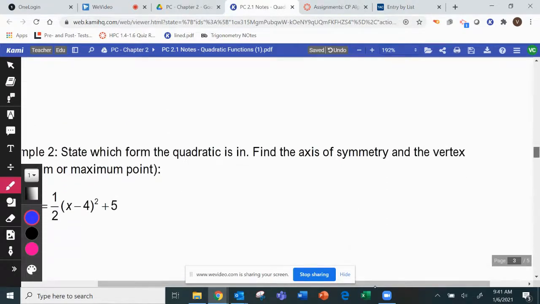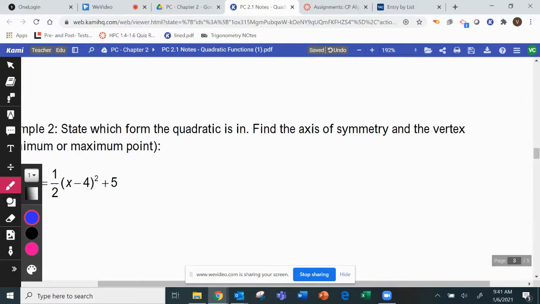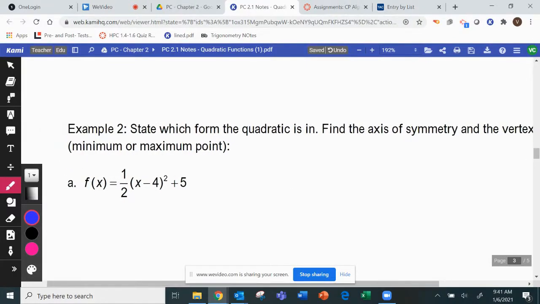Okay. That's half of what you're doing for your assignment. And then the other half is finding the axis of symmetry and the vertex for just given equations. You don't have to graph. You don't have to do a lot of work, just axis of symmetry and vertex. In our notes, we're going to state which form the quadratic is in.